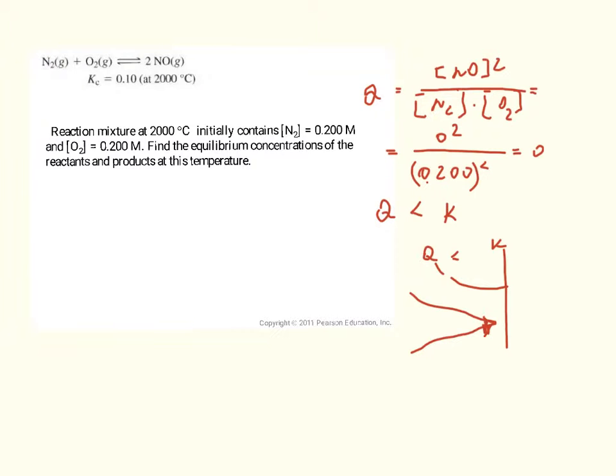Reactants are going to decrease. Hence, when we set up the ICE table, we have to designate changes in concentrations of reactants with a negative sign.